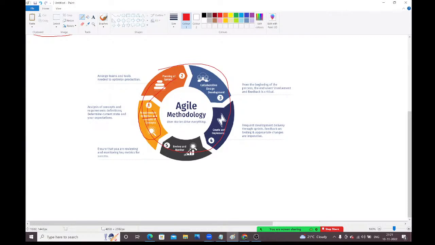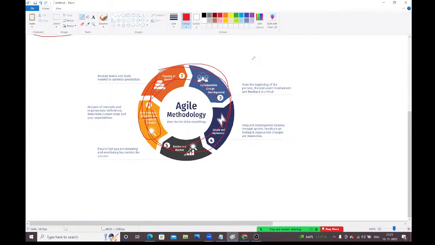Next, collaborative design for the development. Next, create and implement. Next, review and monitor. This is the cyclic process in Agile.